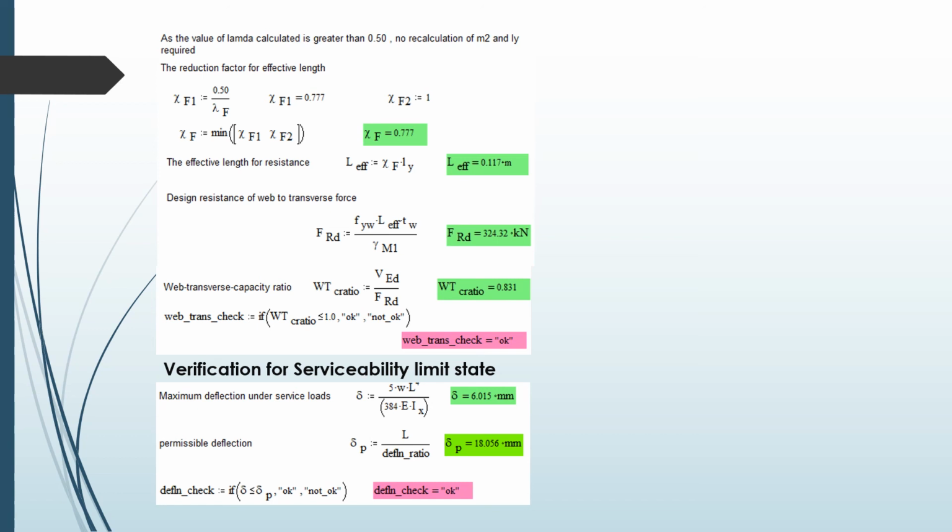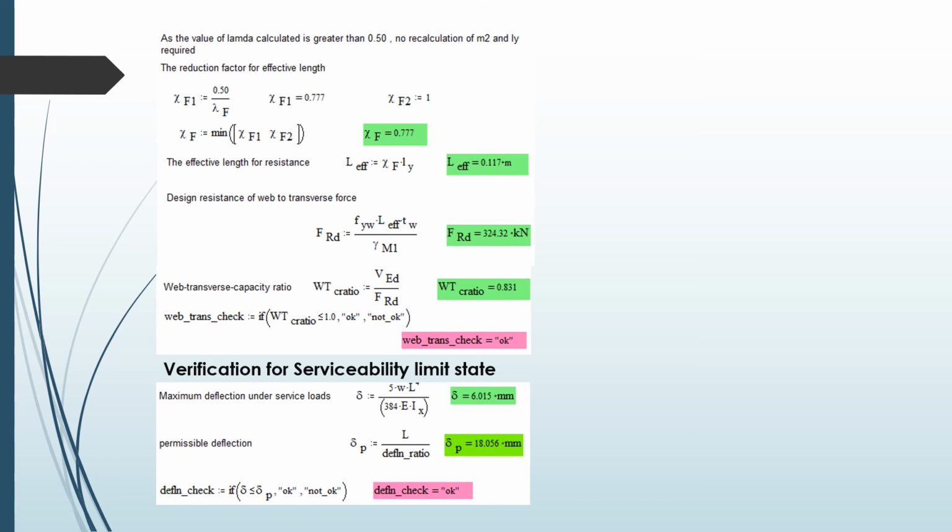So the final check is the verification for serviceability limit state. We compute the maximum deflection in the beam under service loads, that is under uniformly distributed load, and this is obtained using the very standard formula 5wL to the power 4 divided by 384 EIx, and works out to be 6.015 millimeters. So the permissible deflection we assume as L by deflection ratio, that is 18.036.